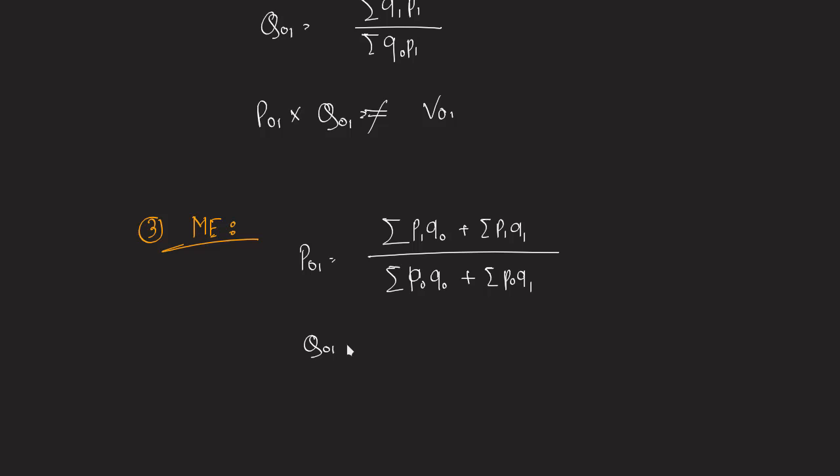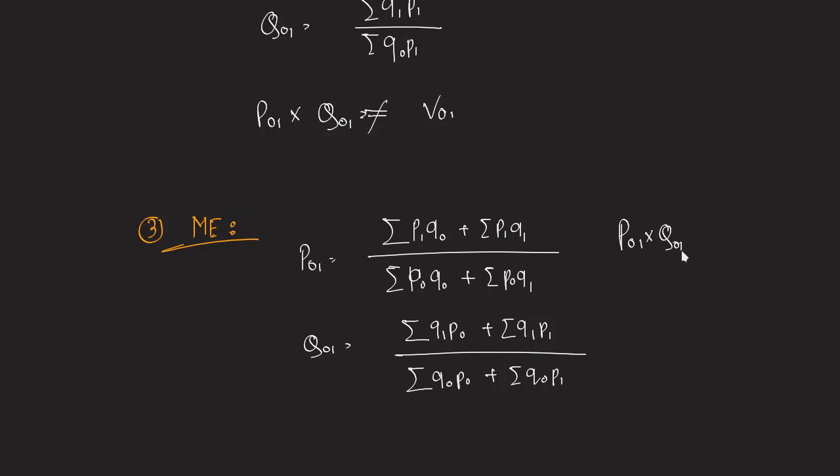So for Q01, we have to write Q in place of P and P in place of Q: summation Q1 P0 plus summation Q1 P1 by summation Q0 P0 plus summation Q0 P1. If you multiply P01 and Q01, because of the summations, they never cancel out, so we don't get V01.